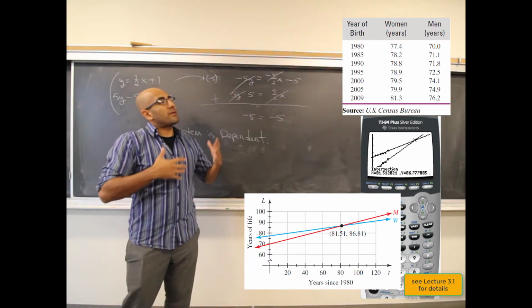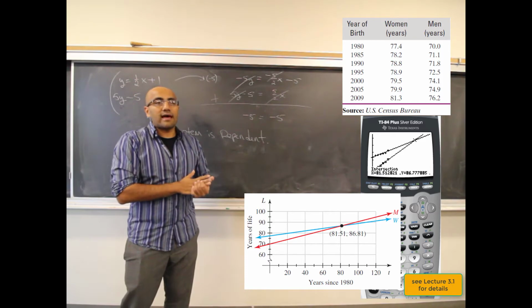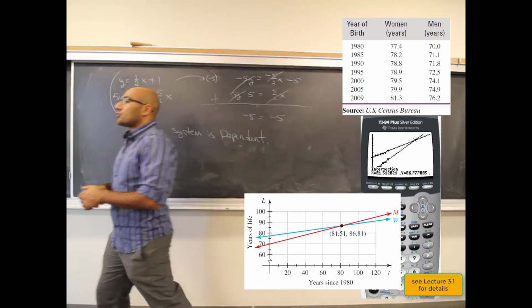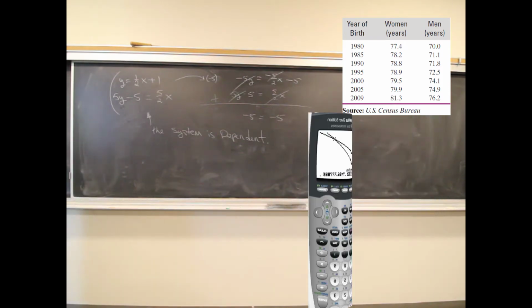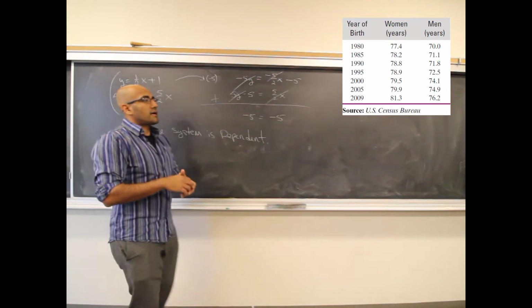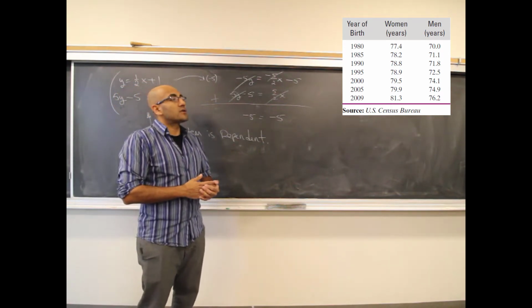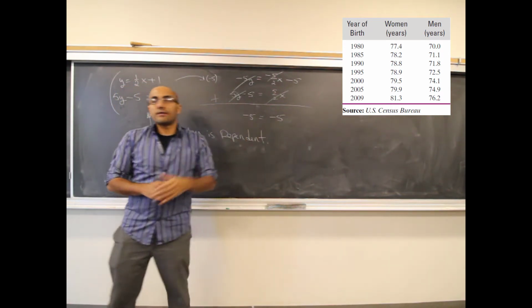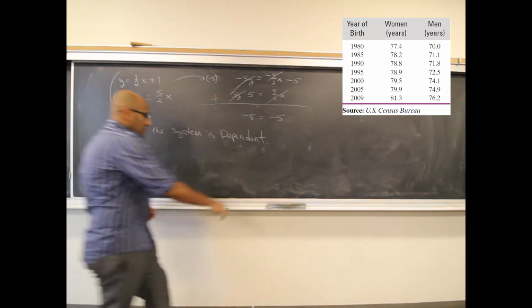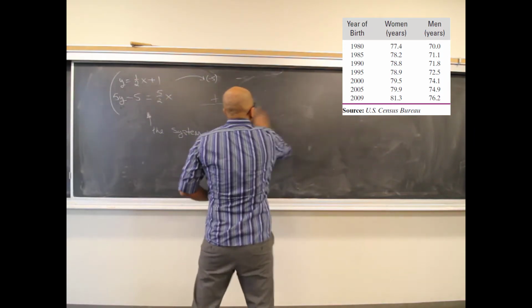But now we get to maybe explore how we would have found something like that with just using the substitution method. So if we didn't have the graphing calculator to help us, what we would do is rewrite each of these with a y. So here are our two equations.